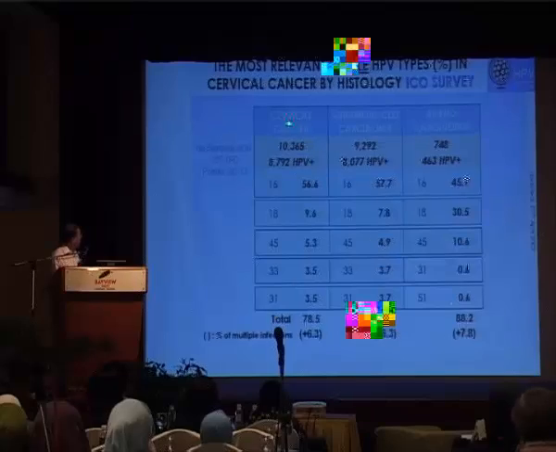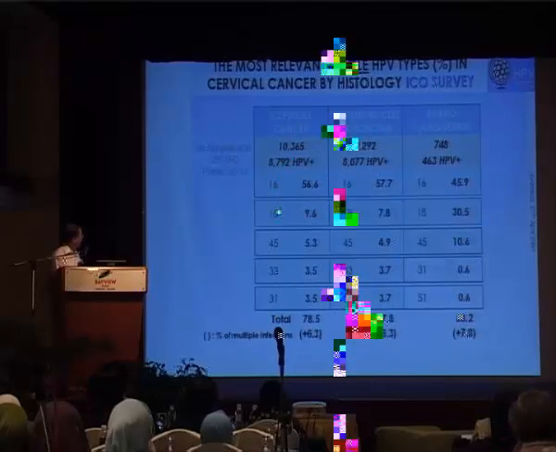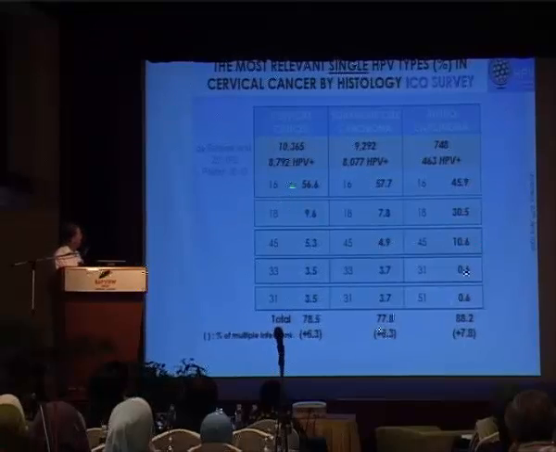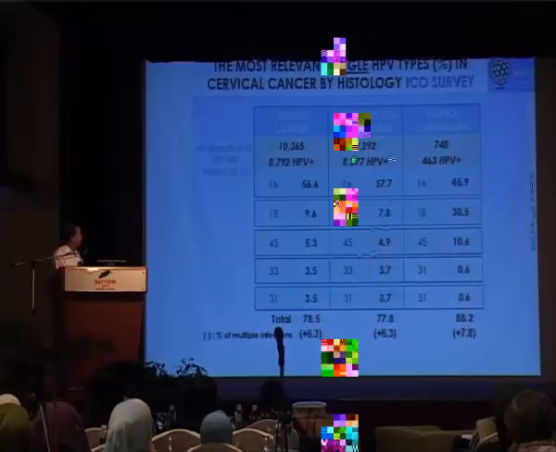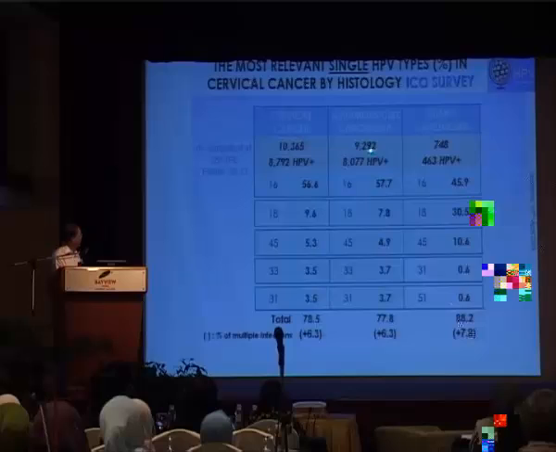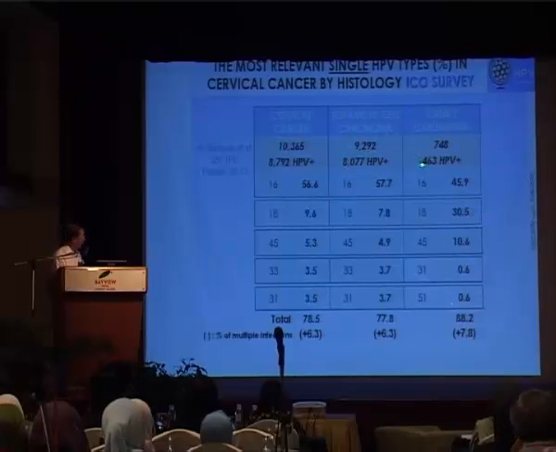That means that in cervical cancer, 16 and 18, the two of them, accounted for more than 70% of cervical cancer. The same kind of dominance of 16 and 18 is seen in squamous cell type as well as adenocarcinoma, although there is a slight difference in the preponderance of 18 in adenocarcinoma of 30%.